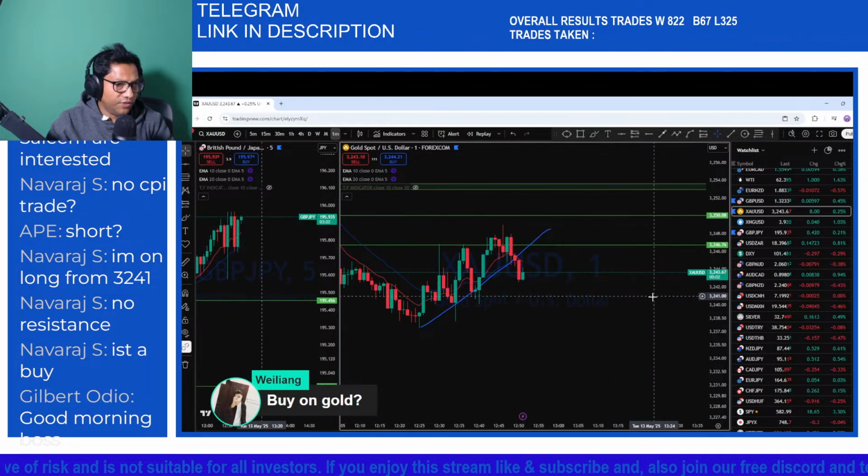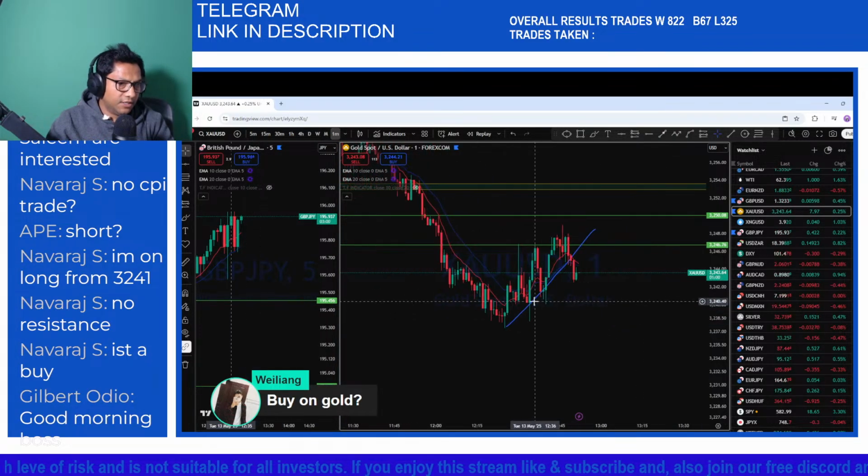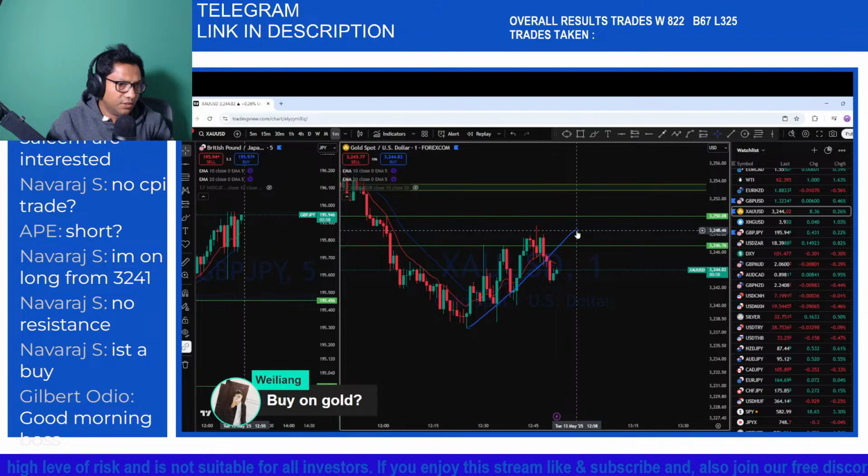Now for finding an entry here, the market just has broken from this structure.